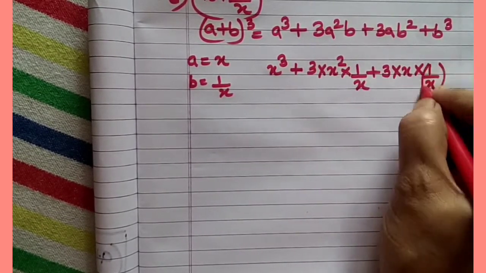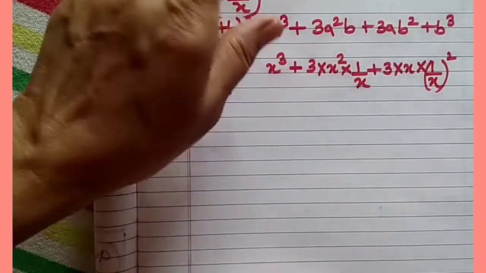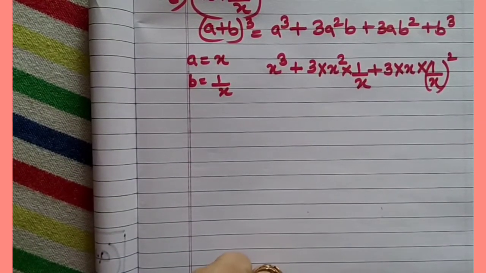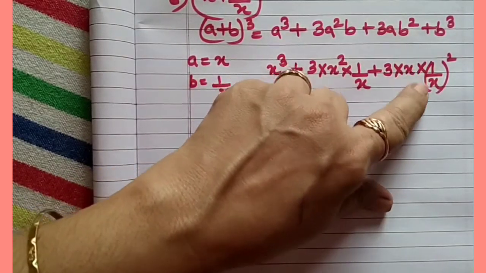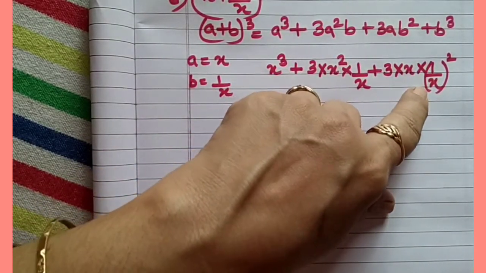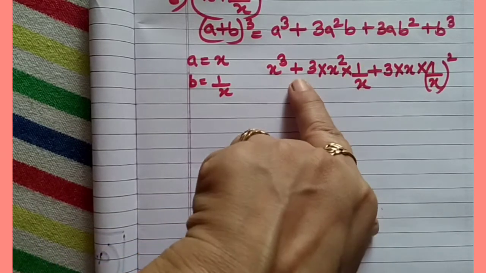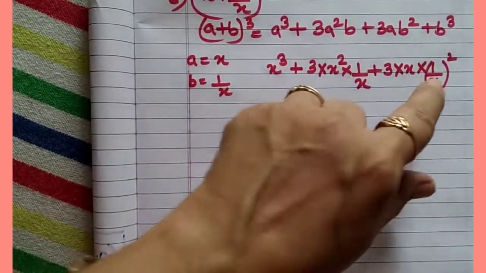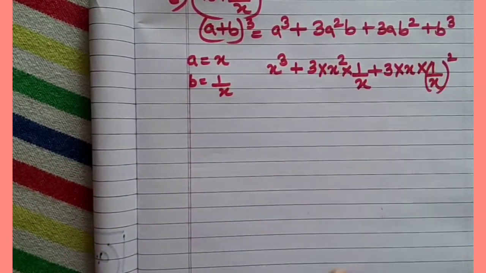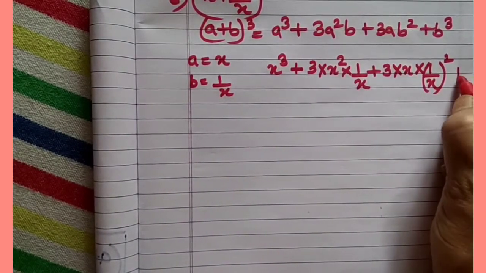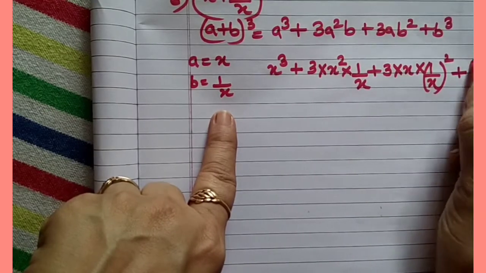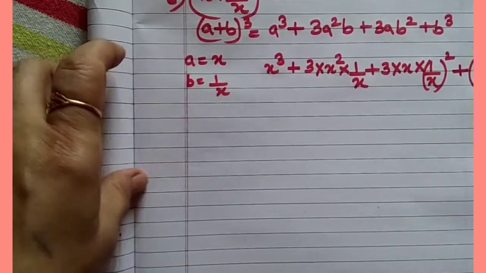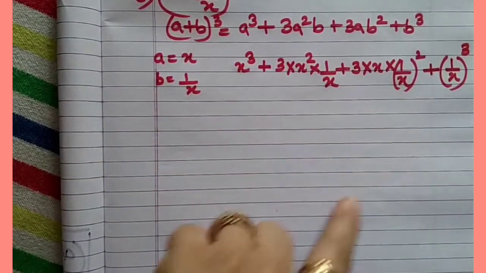Whenever you have a term like this, put a whole square. As I told you earlier, when we did the indices lesson, whenever you have a fraction or a number along with a constant, you will put the bracket and put the square. And this will be, now b is what? 1 upon x. So here also we will put it as cube. I hope you have followed how I have got this.